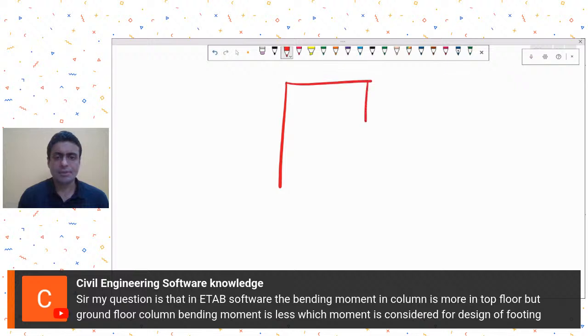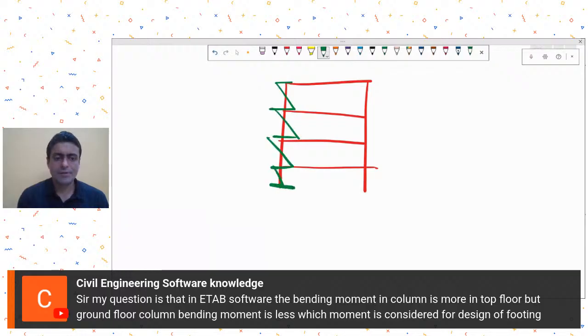So, for example, this was my building frame, and let's say these were all beams. Suppose you are getting some moment diagram like this. And suppose at the base your moments are less, whatever they are.